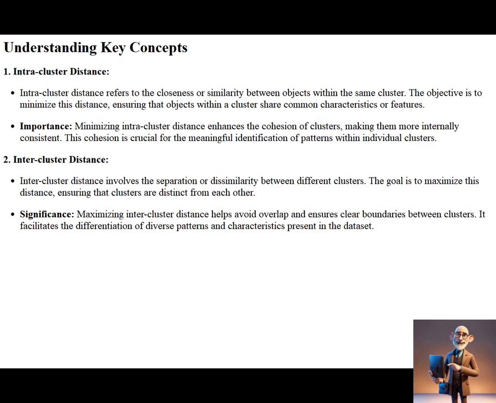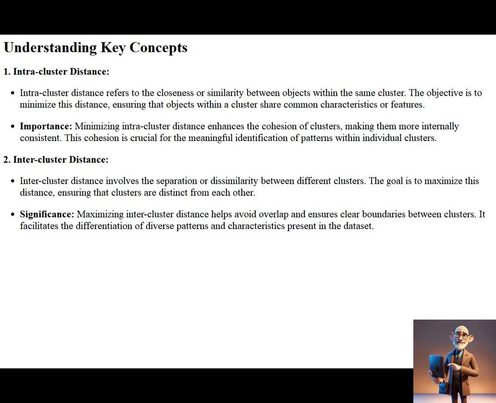Let's delve deeper into intra-cluster distance and inter-cluster distance. The first concept, intra-cluster distance, invites us to explore the closeness or similarity between objects within the same cluster. Picture it as a measure of how tightly knit or cohesive a group of objects is. Our primary goal here is to minimize this distance. Why is that important?